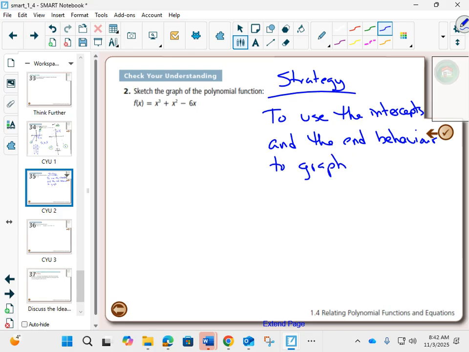But now we're going to use all of our x-intercepts and y-intercepts and the end behavior to be able to draw it very accurately.